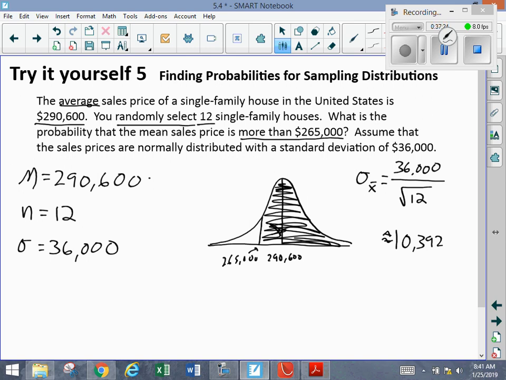Now that we have that information, we can go ahead and just go normal CDF. Our lower bound is 265,000. Our upper bound is as close to infinity as we can make our calculator say.